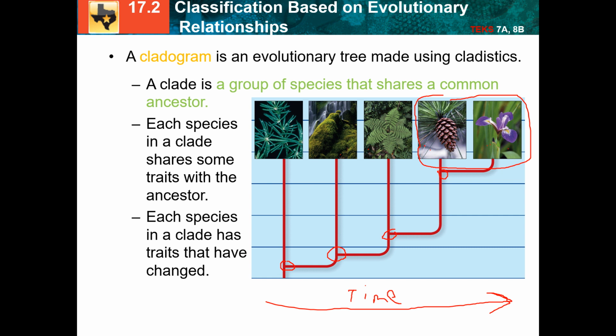So this is the common ancestor for this clade of these four plants. Then going further on in time, these three plants represent a clade that have this common ancestor. And hopefully you're getting the idea. Whenever you're talking about a clade, each of these species in that clade have some similar traits to that ancestor.